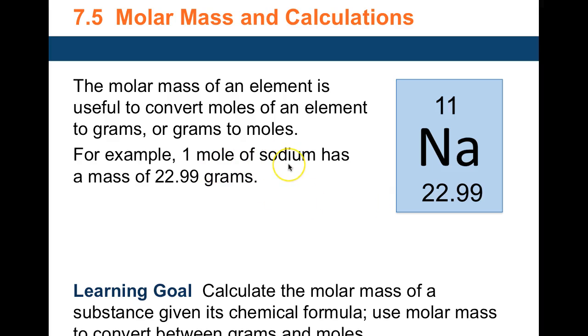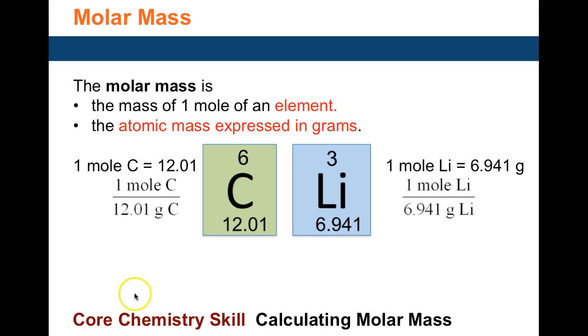But 1 mole of sodium, that means it's 6.02 times 10 to the power 23 atoms of sodium. They have a mass of 22.99 grams. So the mass of that 1 mole of element is its atomic mass, but it's expressed in grams, all right?